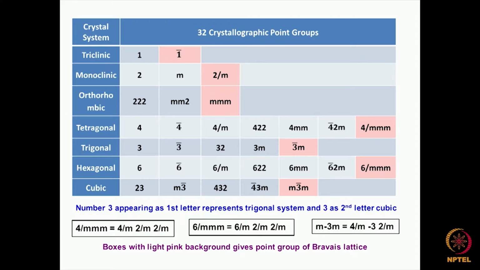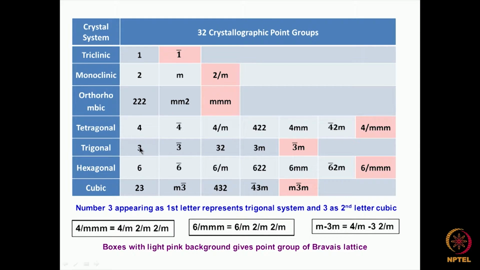So the lattice always shows the maximum point group symmetry. 1 bar is the maximum point group symmetry for a triclinic. For a monoclinic lattice, the point group will be 2/m. For an orthorhombic structure, the point group will be mmm. Like this we can see it, correct?